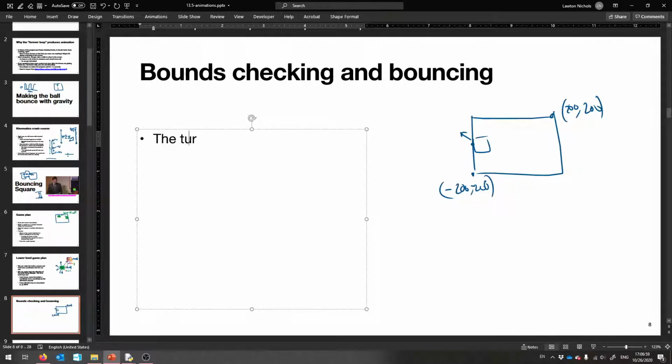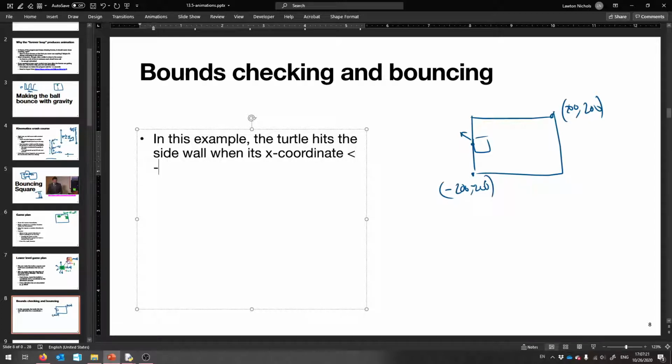So the turtle hit the sidewall when, in this example, the turtle hits the sidewall when its x-coordinate is less than negative 200.